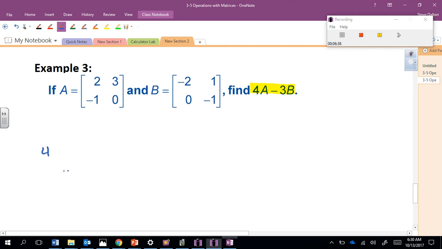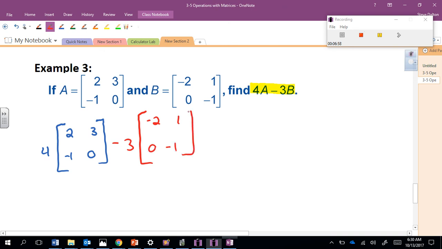It's going to be 4 times matrix A and then minus 3 times matrix B. Now, I'm going to treat this as a negative 3. That way I can turn everything into addition.